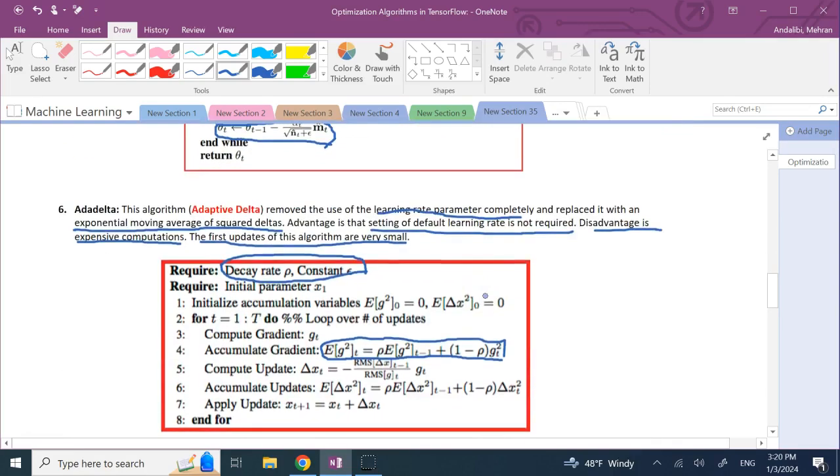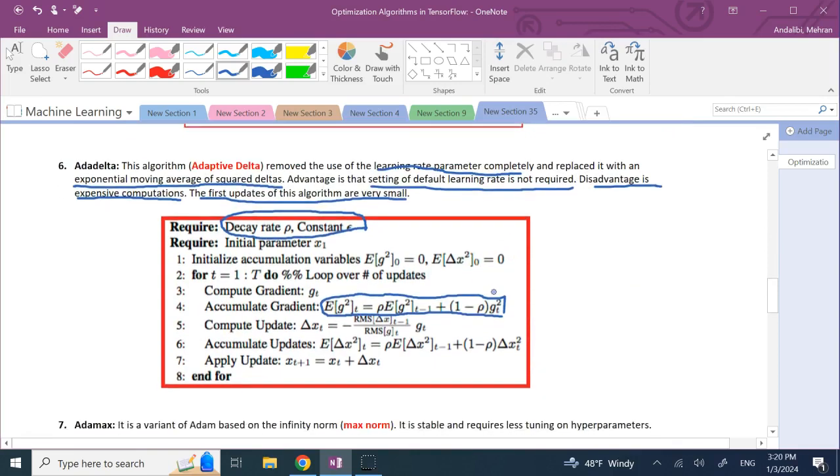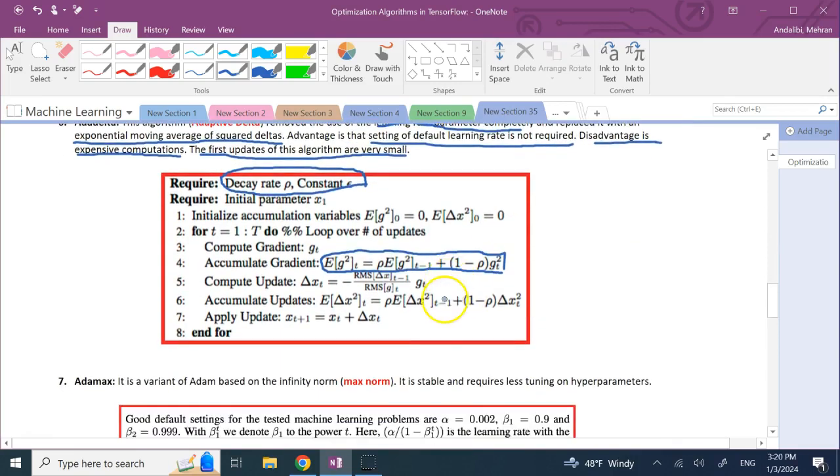That's the same thing. No big deal. And it is using the root mean square for updates, and then it starts accumulating updates too.